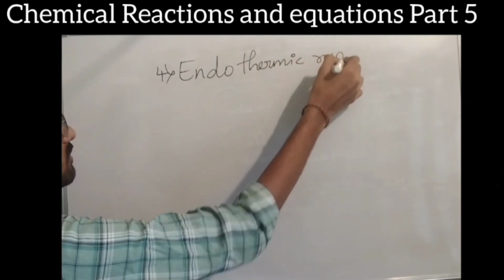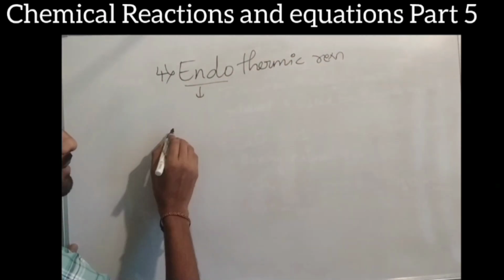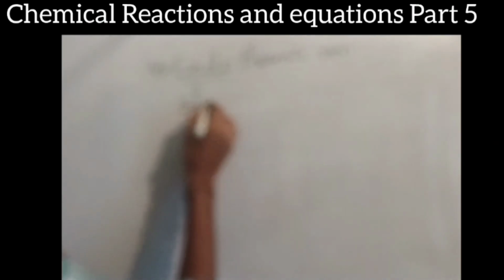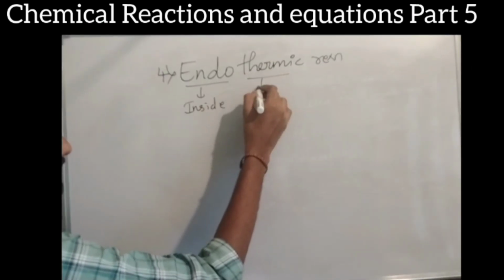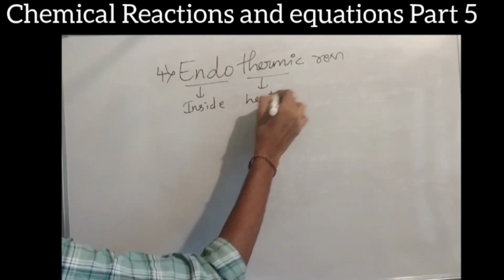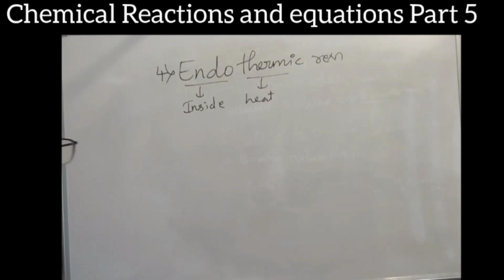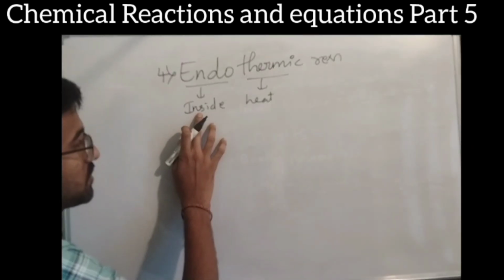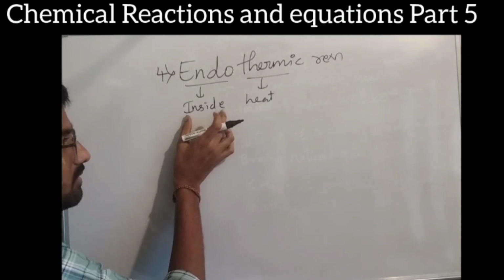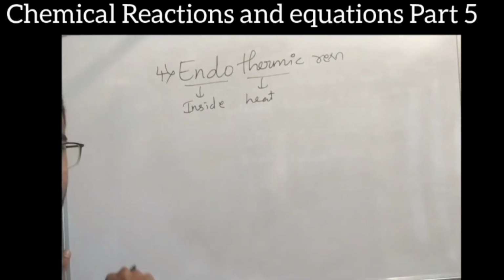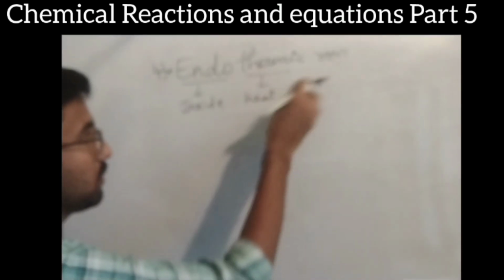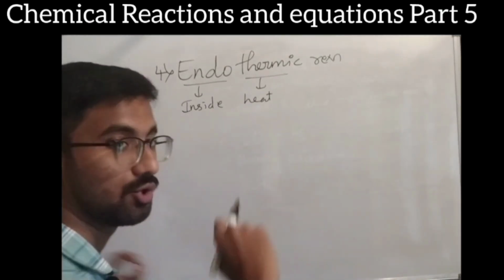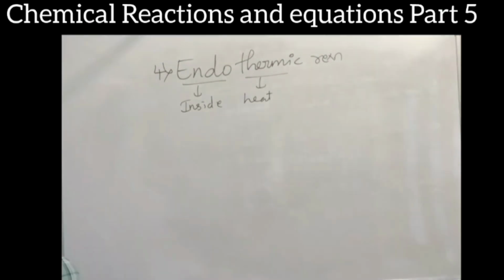As I told you, endo means inside, exo means outside. Thermic means heat or temperature, whatever you call it. It is the reaction which requires heat; only by heat will the reaction proceed to give products.